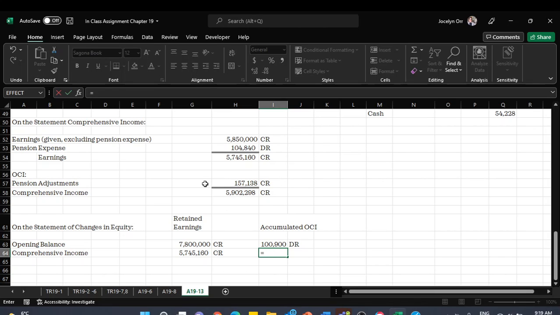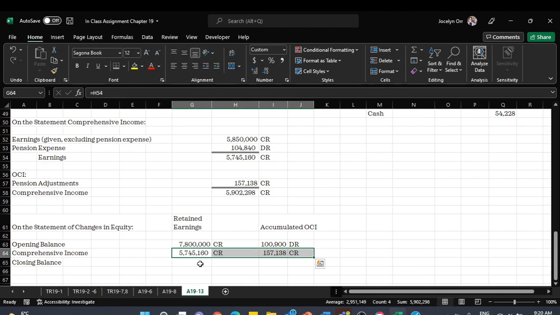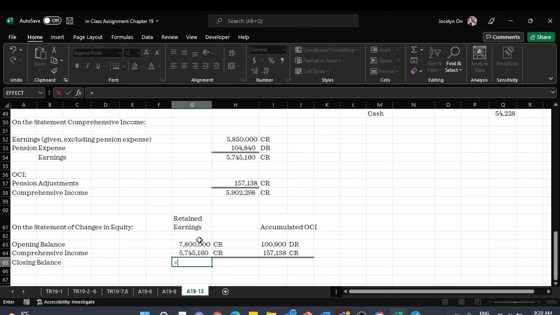And the changes related to our OCI for pension adjustments were 157,138 on the credit side, which means our closing balance, here we have two credits, so we get to add them together.